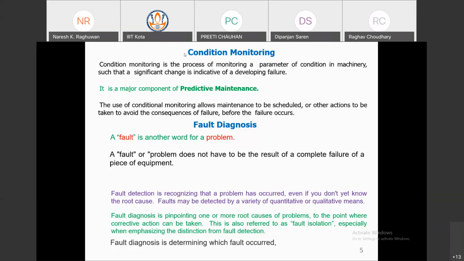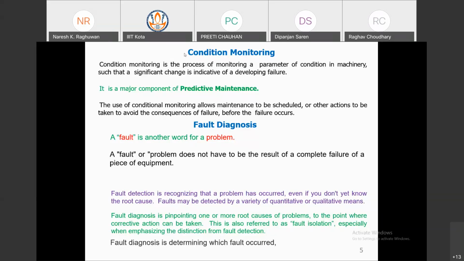But if we find the root cause or isolate that fault, that is in the category of fault diagnosis. A fault may be detected by a variety of quantitative or qualitative means. Fault diagnosis is pinpointing one or more root causes of the problem.